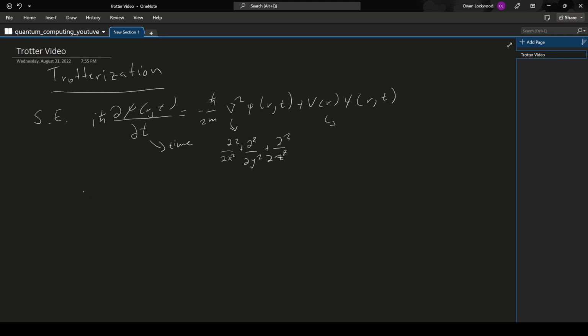What's important is that if we solve this, the canonical way to solve this is to separate our wave function, which is a function of position and time, into a function of position and a function of time. This is what's called separation of variables.